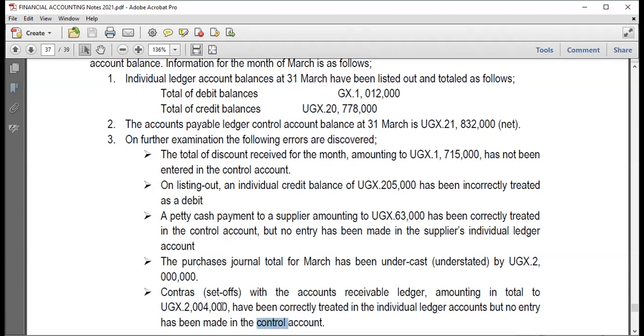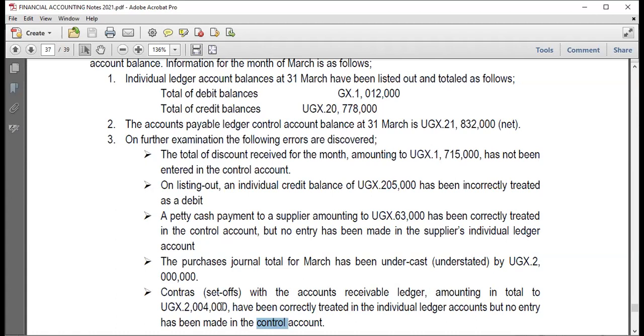Definitely. Now, what happens with an offset is that it reduces both our accounts receivable and our accounts payable.